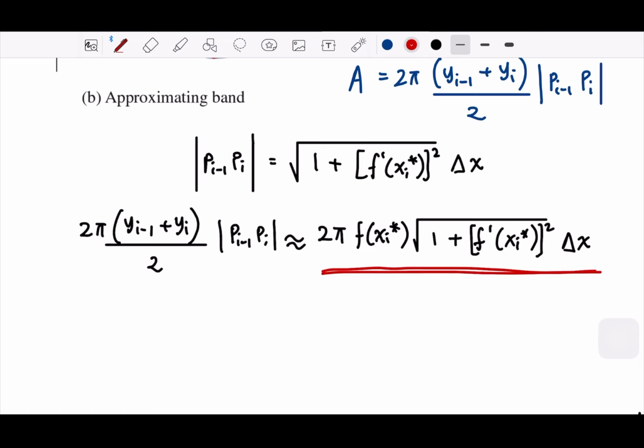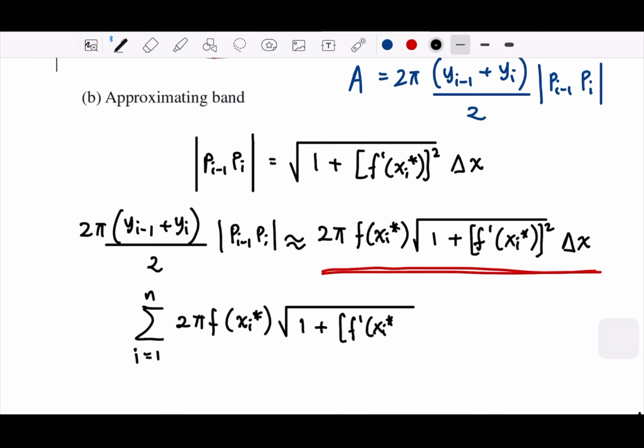We need to add up all the segments, for the whole shape. So we are going to use the summation, and then take the limit, right?